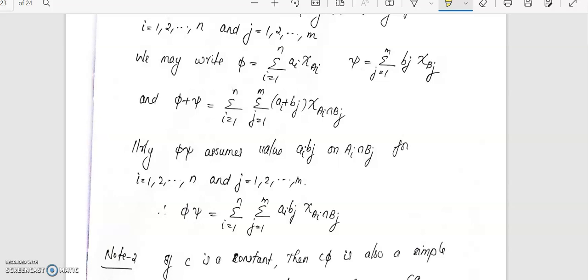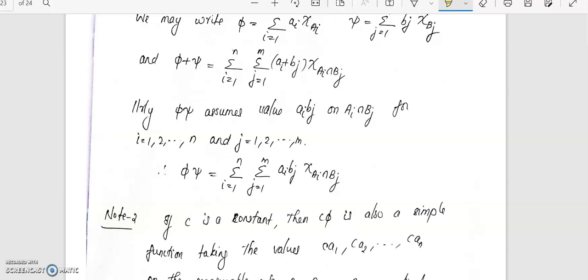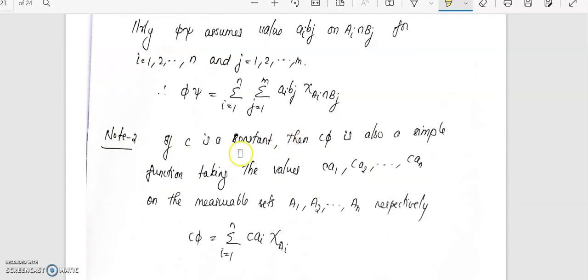Similarly, if you have a simple function, then the scalar multiple of a simple function is again simple. If c is a constant, then c phi will take the values ca1, ca2, ..., can, and the corresponding sets are capital A1, A2, ..., An.